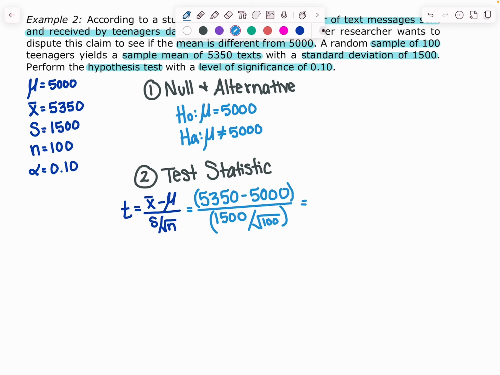Again, if I put everything that's on top in parentheses and everything that's on bottom in parentheses, I can do this all at once. And this one gives me 2.3 repeating, so I'm going to write down 3 of those repeated 3s. So 2.333.